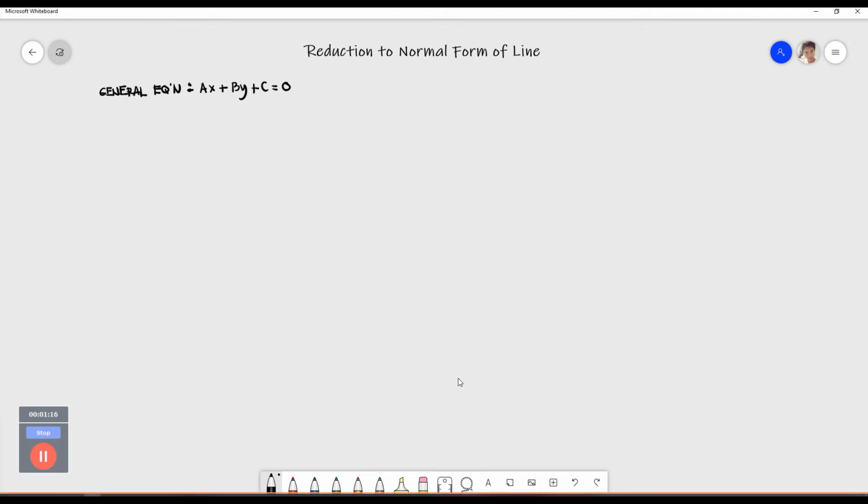Now, to reduce this general equation into its normal form, let's say we have a line drawn on this Cartesian plane, where this is our y-axis and this is our x-axis.